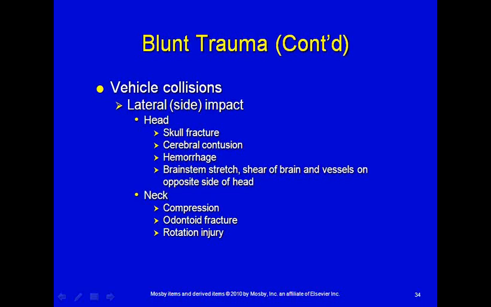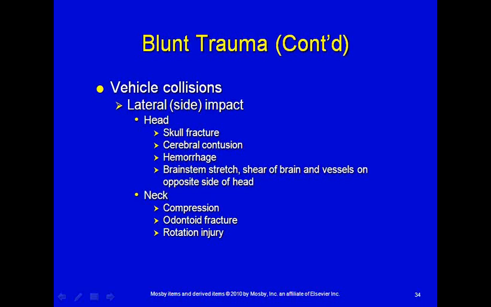On the opposite side of the head, neck compression, odontoid fractures, and that is C1, C2, where the head may twist towards the injury while the body is being thrown in the opposite direction of the impact.